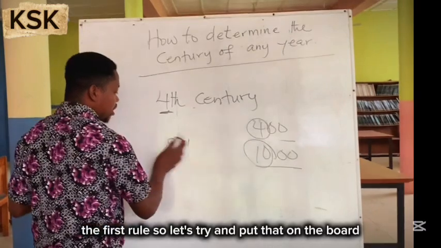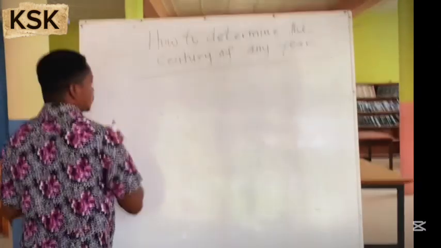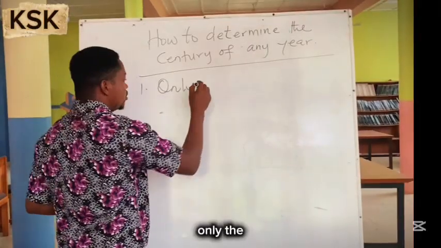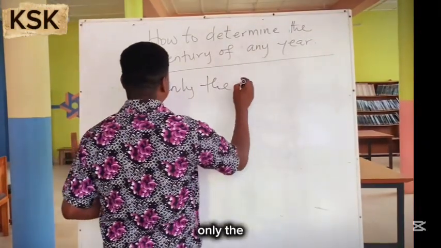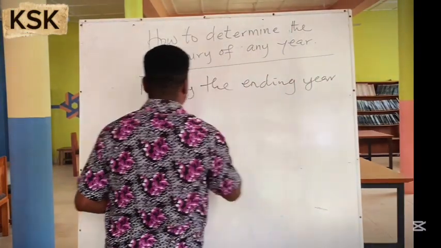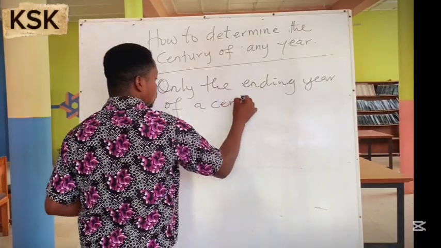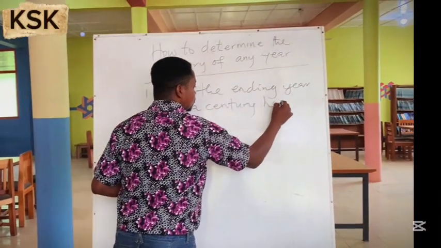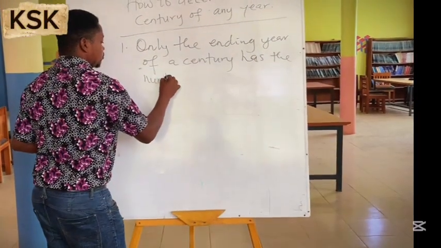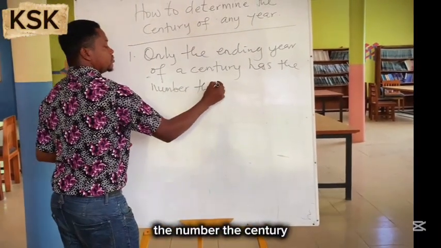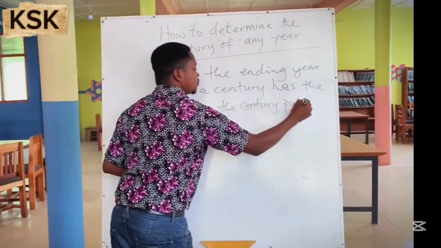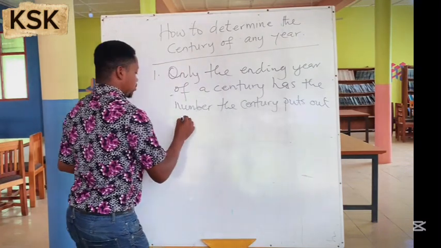So let's try and put that on the board. Only the ending year of a century has the number the century puts out in it.